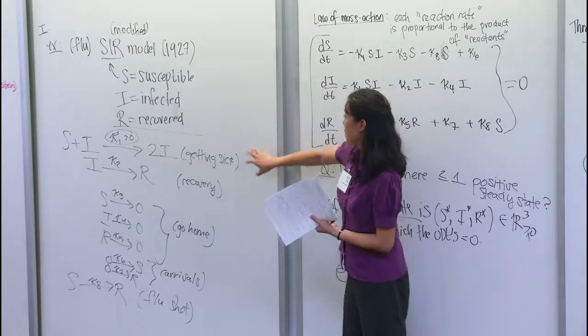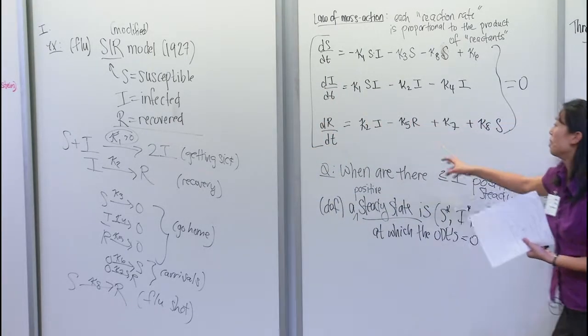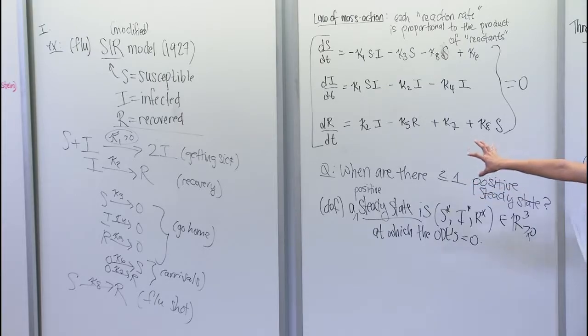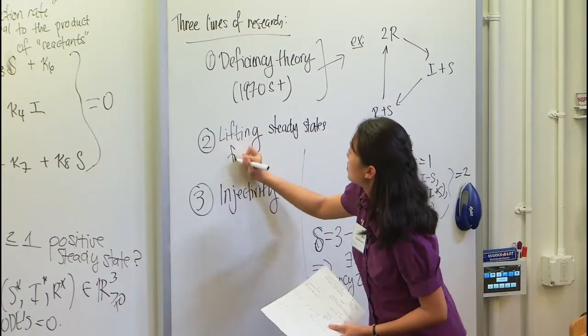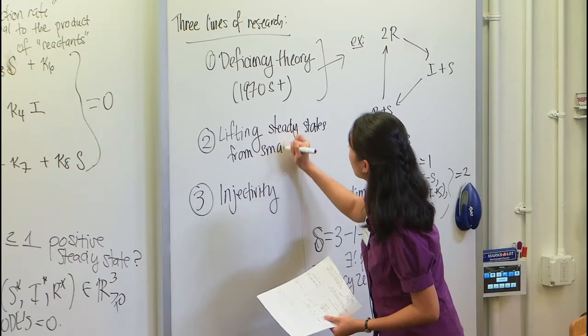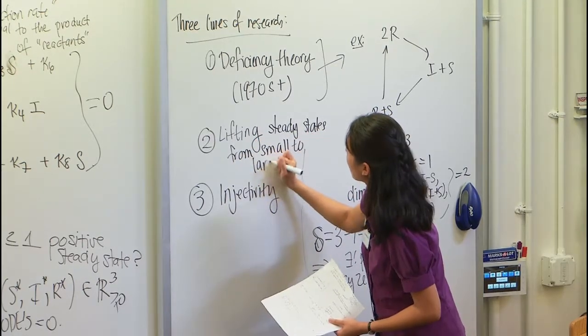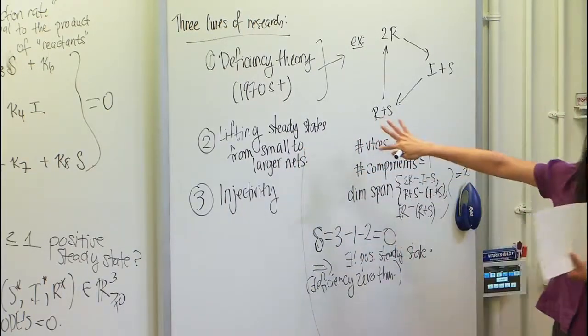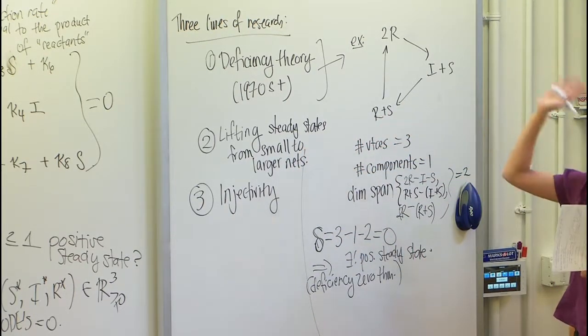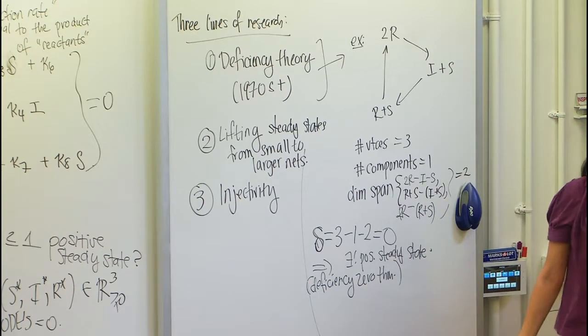Could I have inferred from this computation the fact that if I added something else, maybe I would still have the same kind of result? Okay? So I think of this as lifting steady states from small to larger networks. Okay. And I'll say a little bit about this when I do my 4 slides at the end, and Alicia will say more later this afternoon.